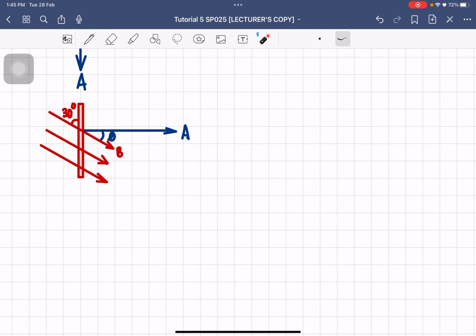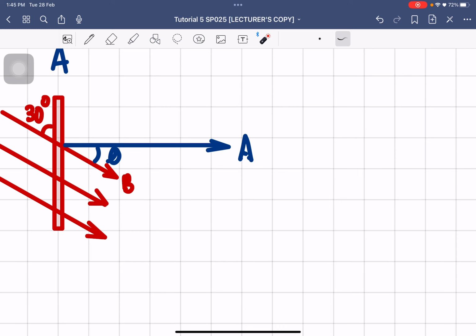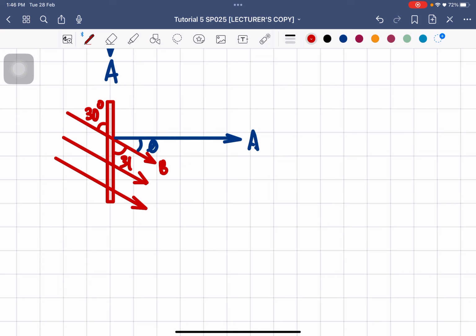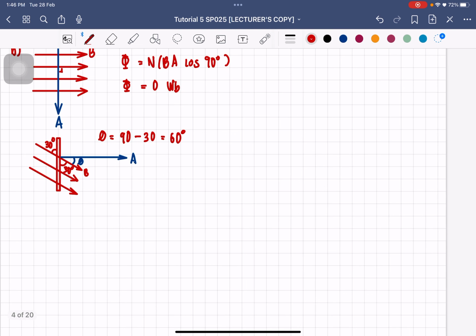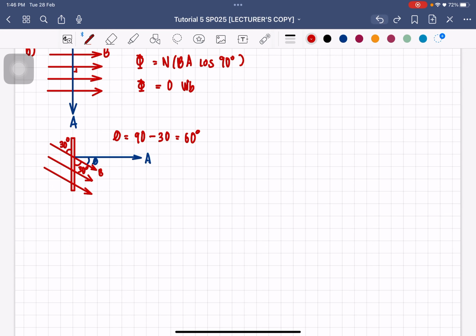Alright, so we know that this is 90 degrees. So basically this would also be 30 degree based on our knowledge in maths. So theta is gonna be equal to 90 minus 30, which is equal to 60 degree. So our value of theta is gonna be 60 degree, and just proceed with the calculation.